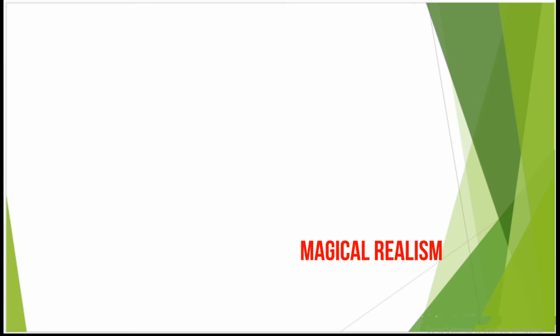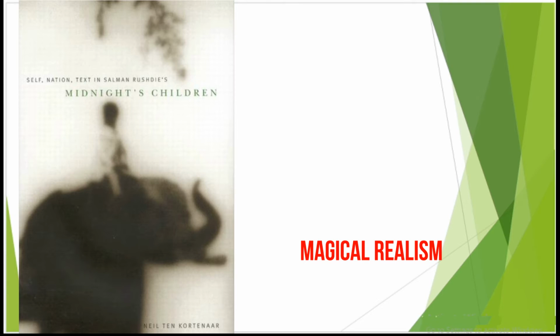The story is in the form of a narration by the protagonist Saleem Sinai to his devoted lover Padma. And Padma is the one who prevents Saleem Sinai from straying away from the account that he has to provide of his life.